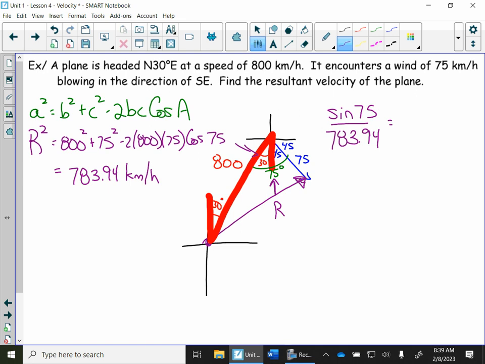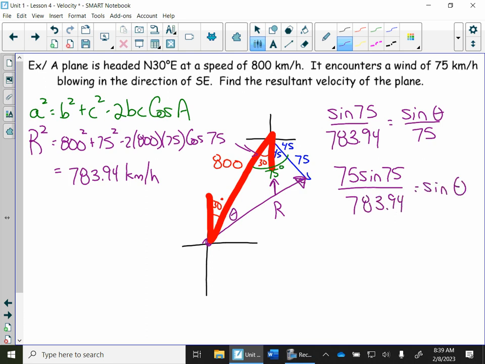Oh, we only need to find this angle, right there. There's our angle, and it's across from the 75. Bring that 75 up, kind of like cross multiplying, but not exactly. Now I go to sine theta. We want just theta though, so we're going to take the inverse of this big old mess of stuff.